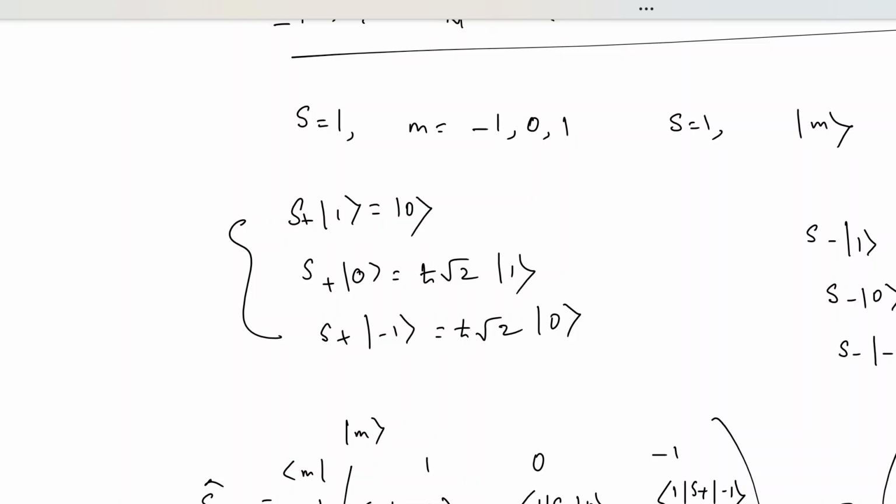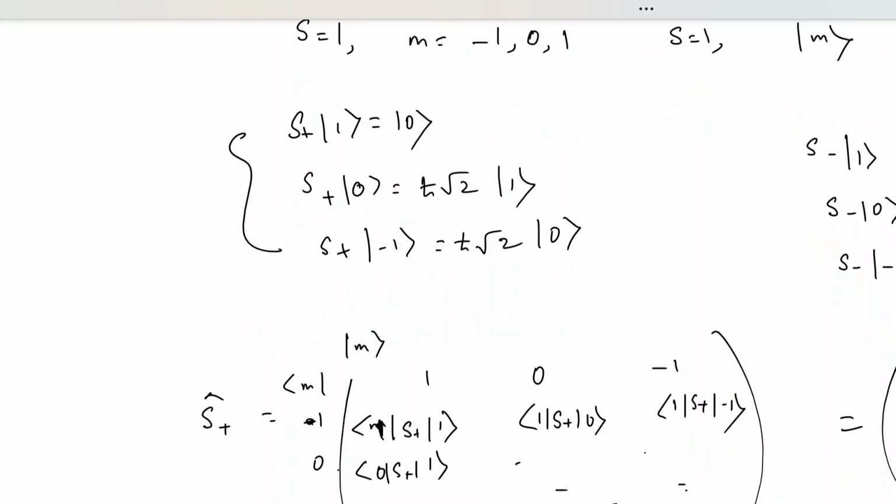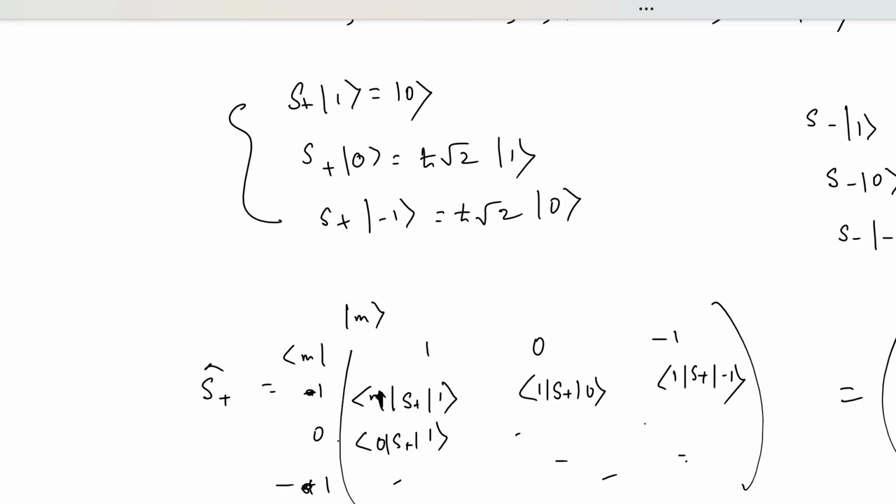Similarly, for all the other terms you can find out, and the final form will be, I'm directly writing the form, you can take the ħ as common, and then you have 0 root 2 0 0, 0 0 root 2 0 0 0.